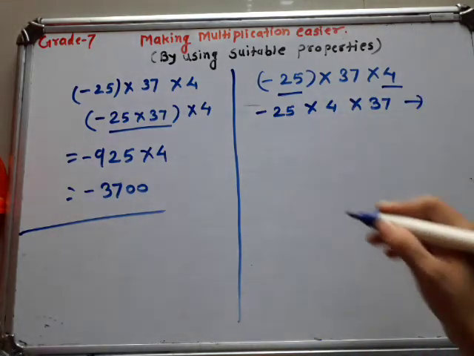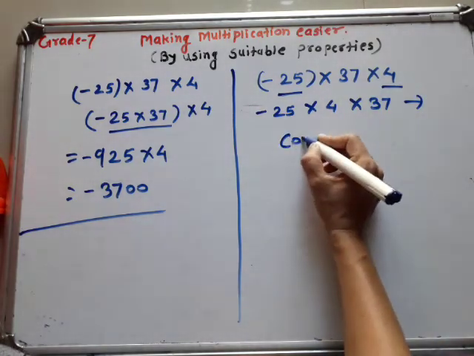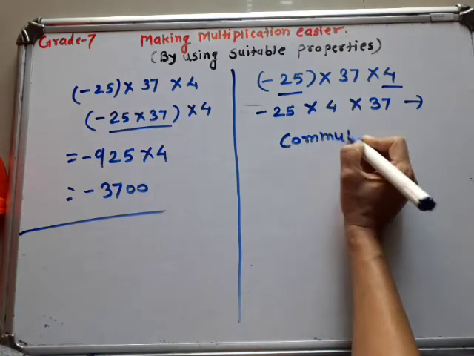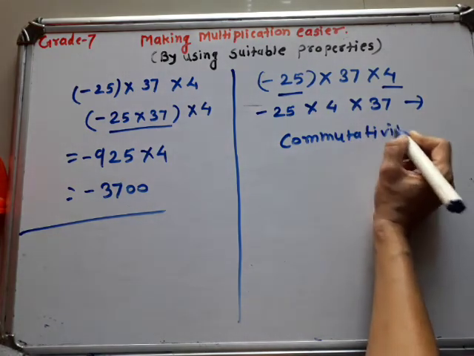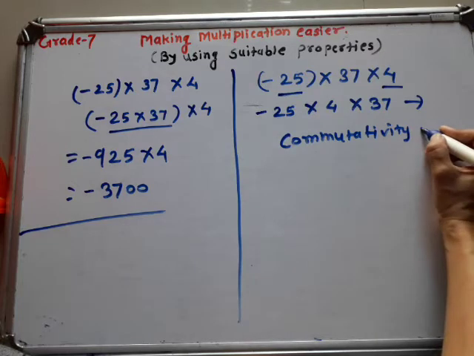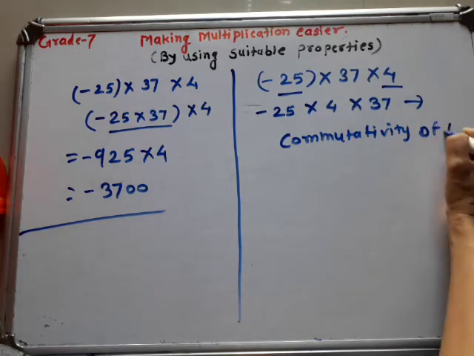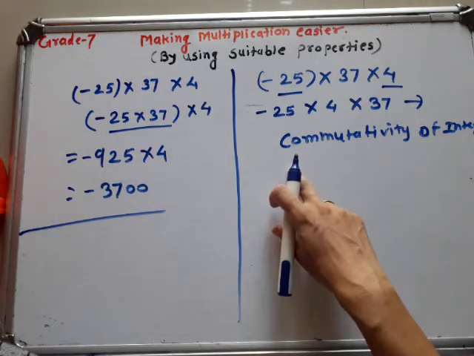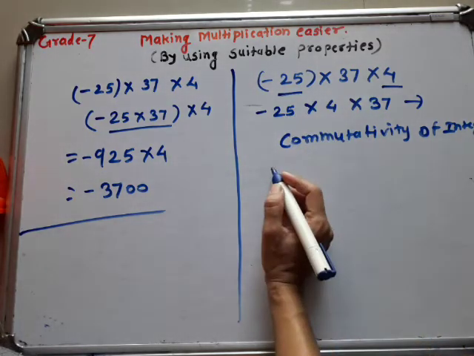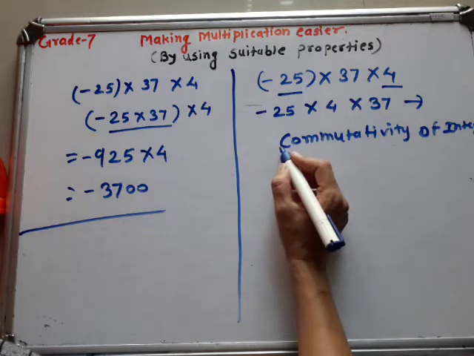So here this property is commutativity for multiplication of integers. Okay, so here we use this property. Now we make a grouping.